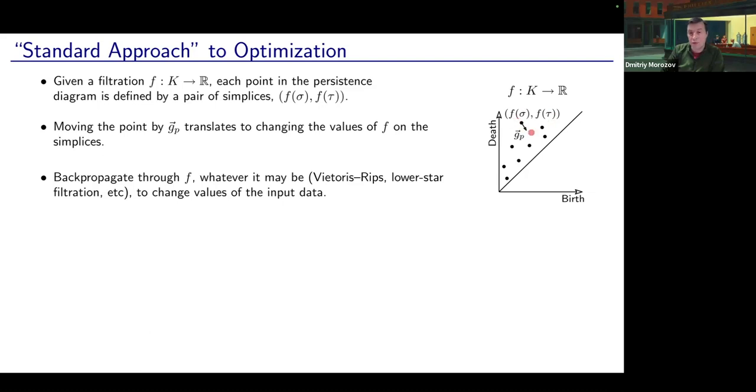And so if you want to move this point (f(sigma), f(tau)) by some gradient g_p that comes to you from your loss, well, this really translates into you having to change the value of f(sigma) and the value of f(tau). Now, depending on what your f is, that's a particular construction, you can now backpropagate this information and try to change the actual input data.